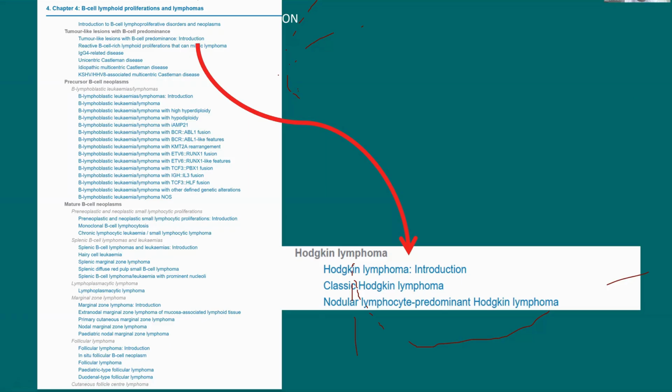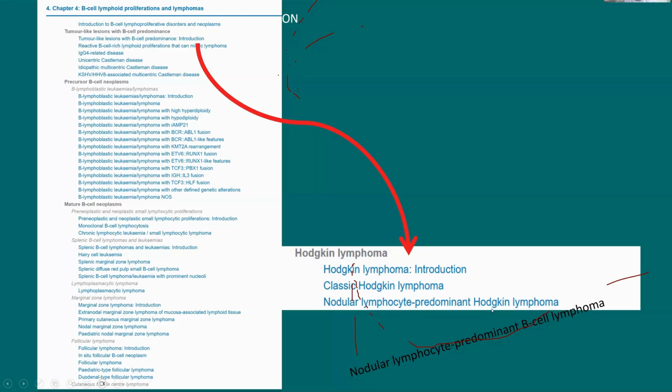And here it's worth mentioning that they are 2 different entities, 2 biologically different diseases. The nodular lymphocyte predominant Hodgkin lymphoma tends to have a better prognosis, and the disease survival rate is higher. The staging at the time of diagnosis is lower.